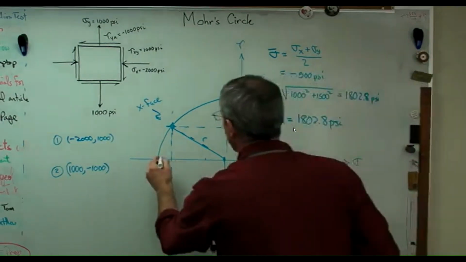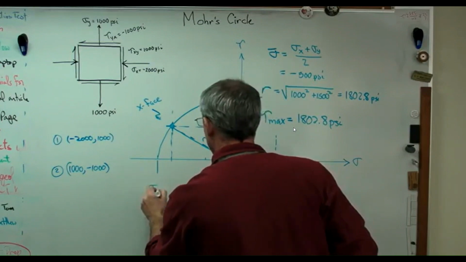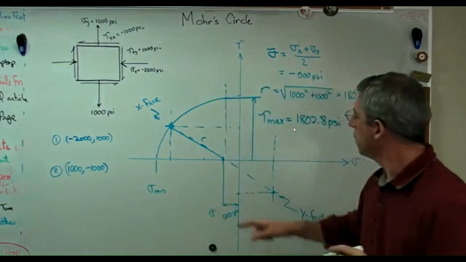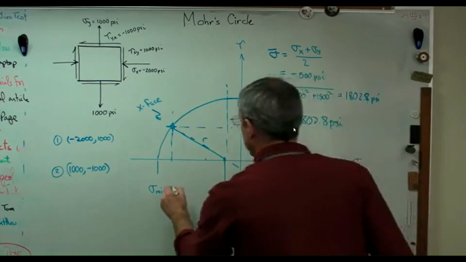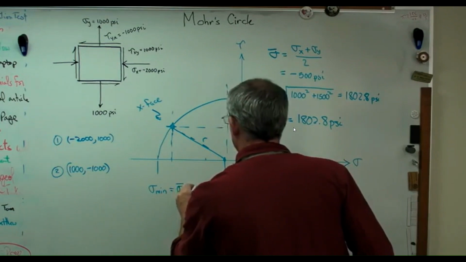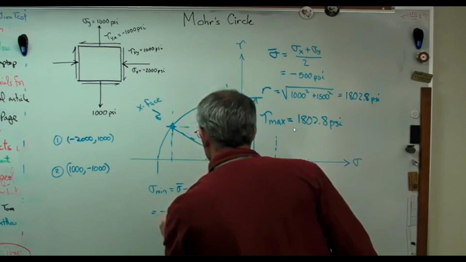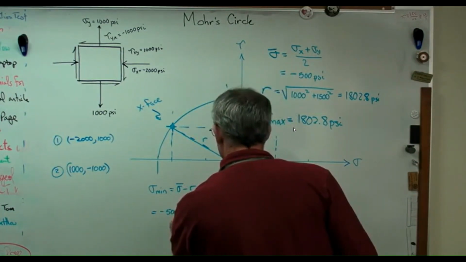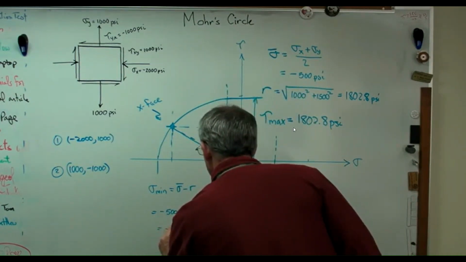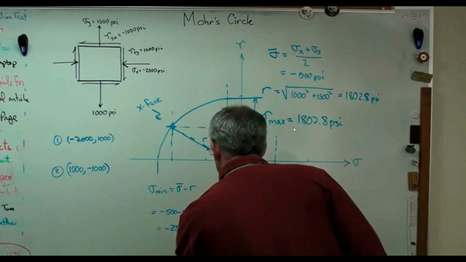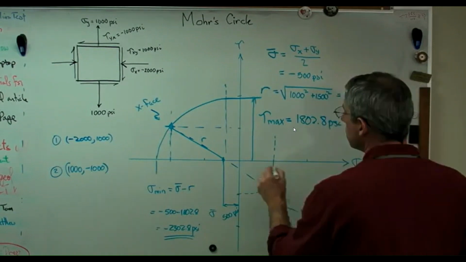Now, what's the minimum stress here? That's going to be the location of sigma bar minus the radius. Right? So that's going to be minus 500 minus 1802.8. So that's going to come out to minus 2302.8 psi. Compression. What's the maximum stress now?